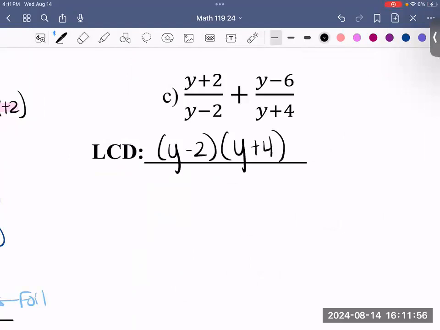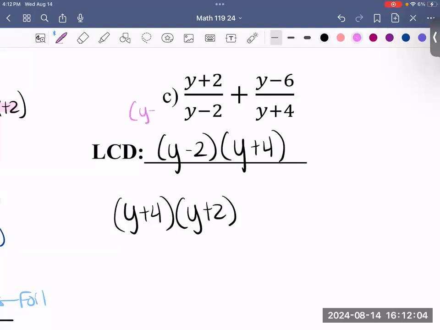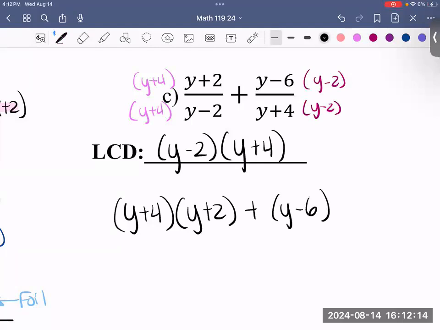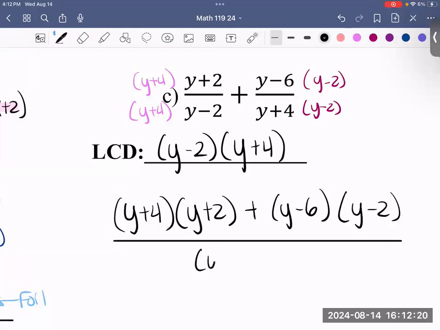So that means we get y plus 4 times y minus 2, because this one needs a y plus 4 and the other side needs a y minus 2. So y minus 6, y minus 2, y plus 4, and y minus 2.